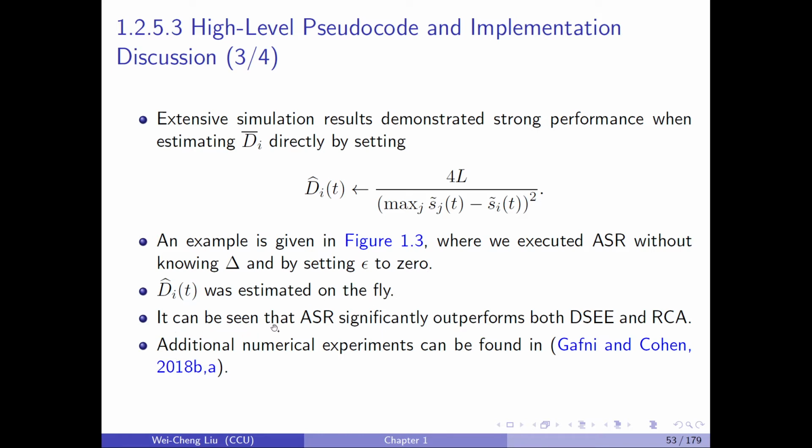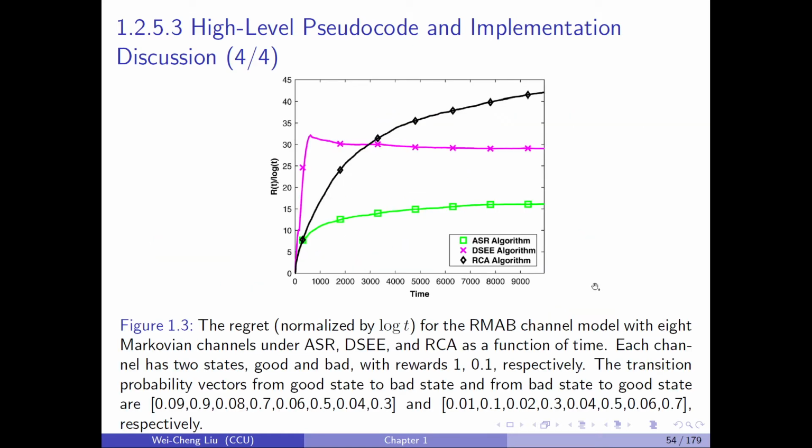It can be seen that ASR significantly outperforms both DSEE and RCA. We can see that ASR has the lowest regret normalized by log t. When the regret is smaller, it has better performance.